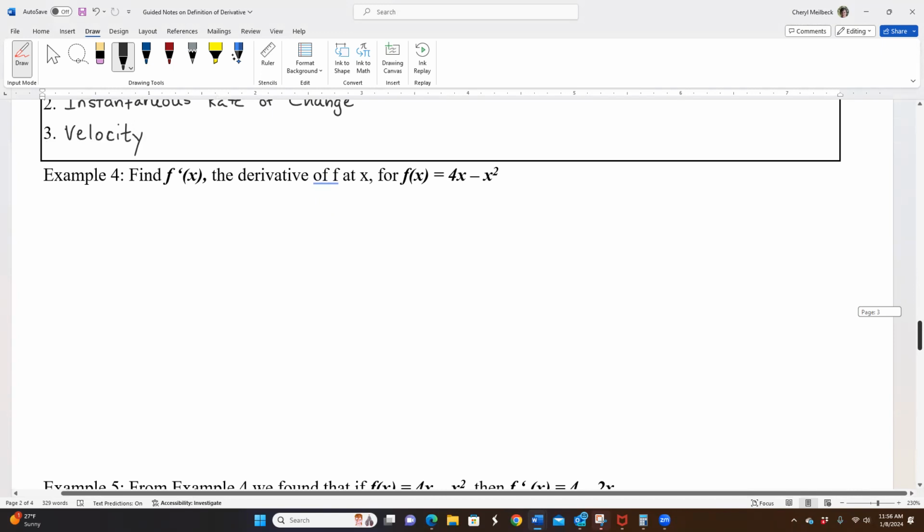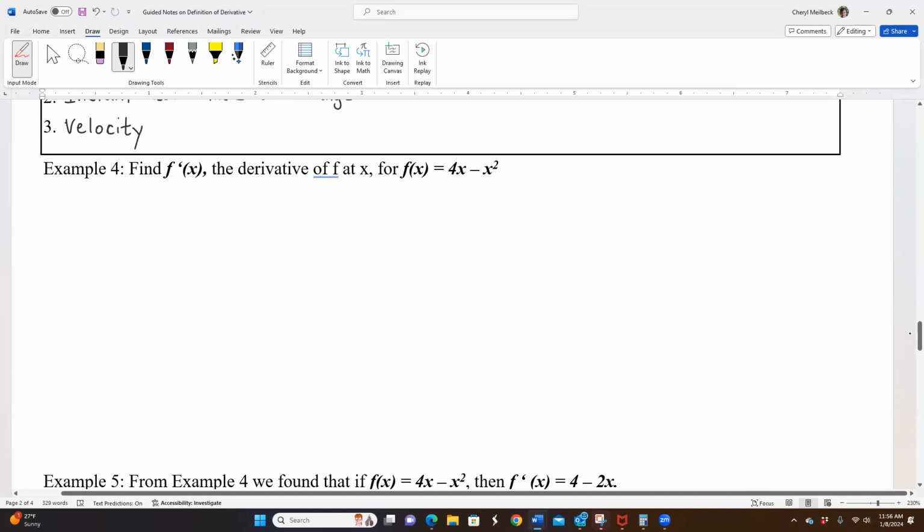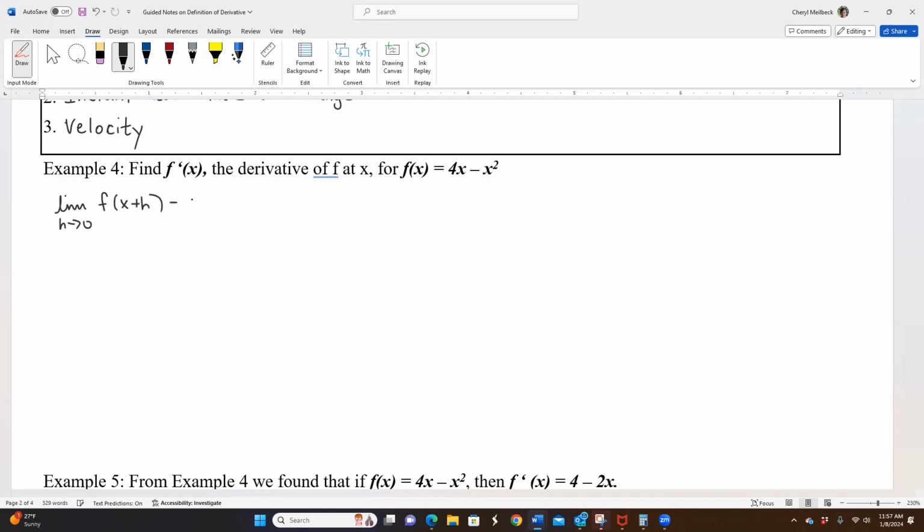In example 4, it wants us to find the derivative of f at x, where f of x equals 4x minus x squared. So, of course, our formula is the limit as h approaches 0 of f of x plus h minus f of x over h.